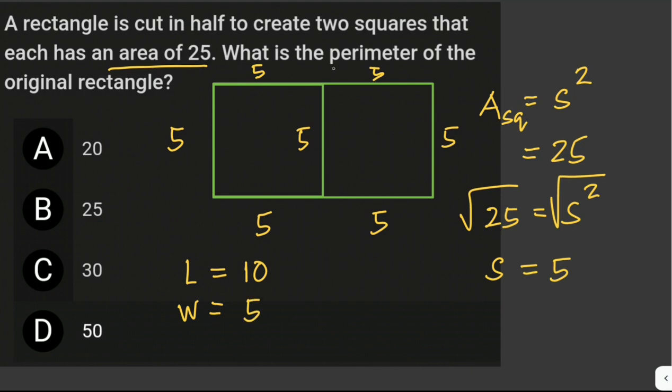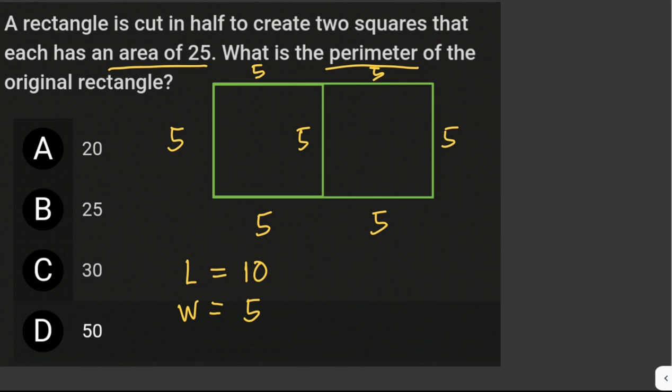Now to find the perimeter of the rectangle, we can solve it by using the formula for the perimeter of the rectangle, which is just equal to 2 times the length plus 2 times the width. So we just plug in the values here of our length and width.